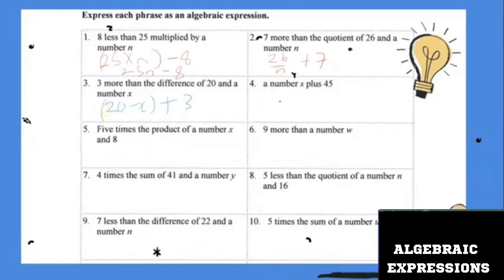A number s plus 45, this one is very simple, s plus 45. 5 times the product of a number x and 8.